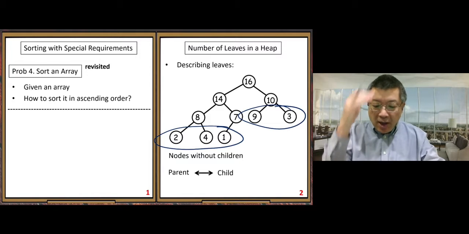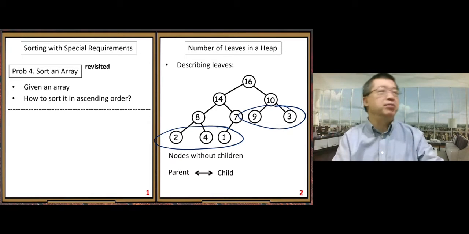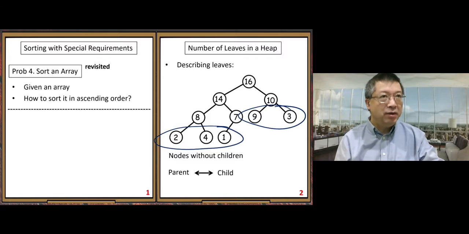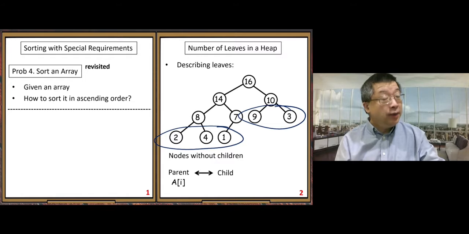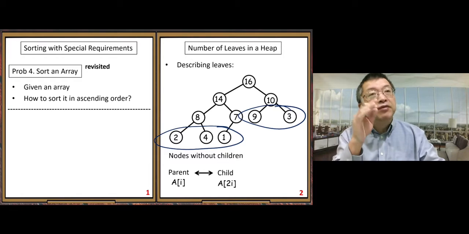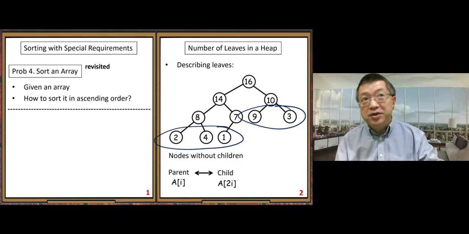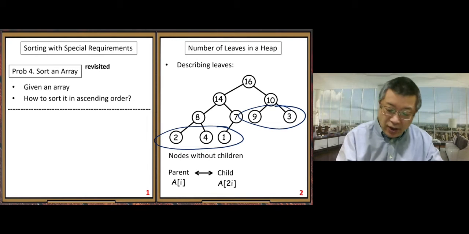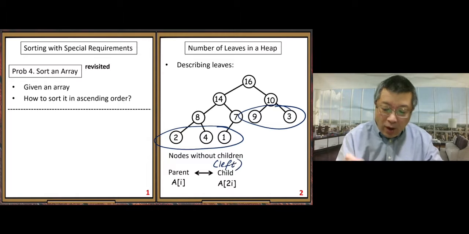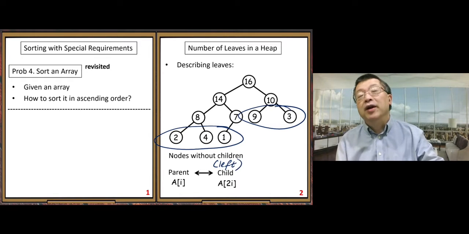All right, let us look at the parent-child relationship. The general parent-child relationship: parent, A of i, index i, child, A of 2i. Here, we didn't use A of 2i plus 1, the right child. We use the left child. Why left child, not right child?